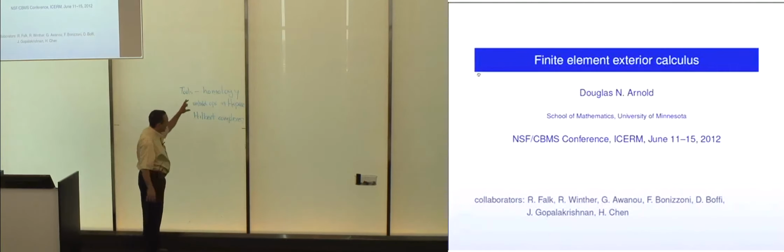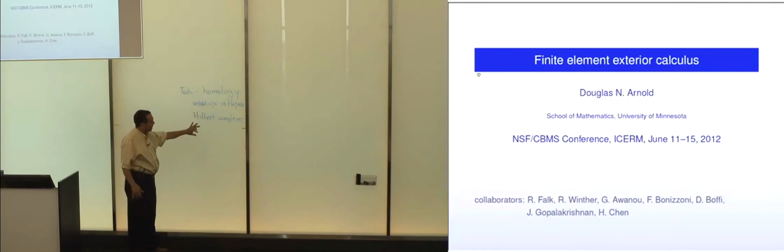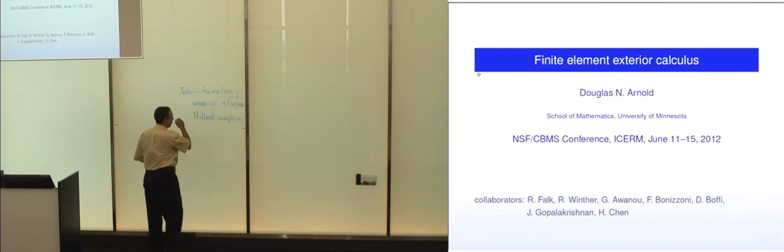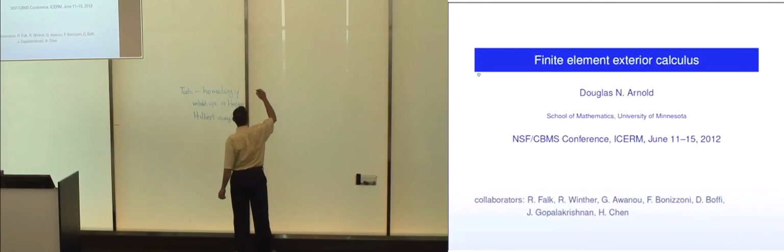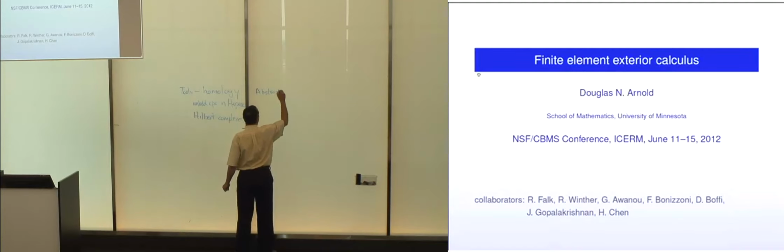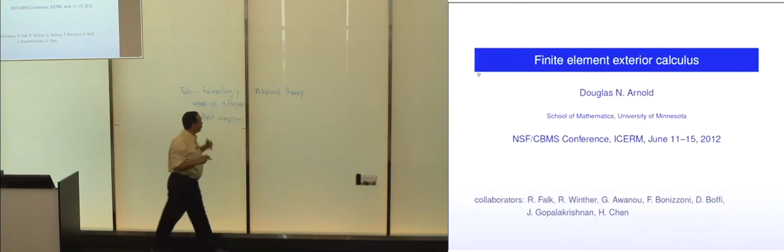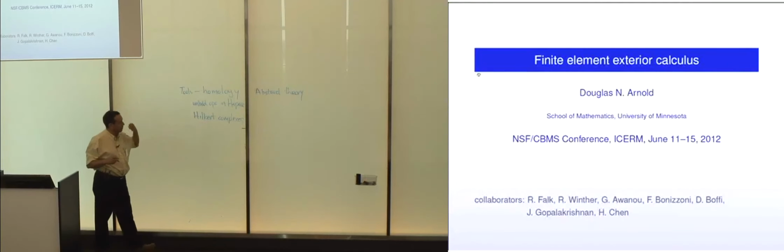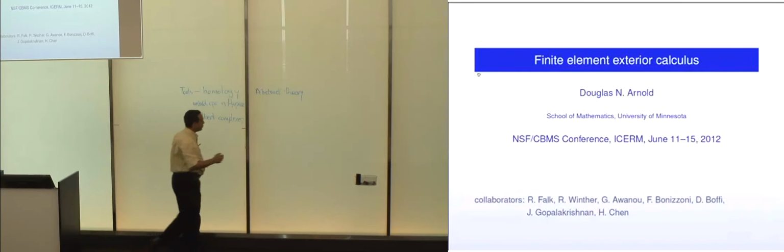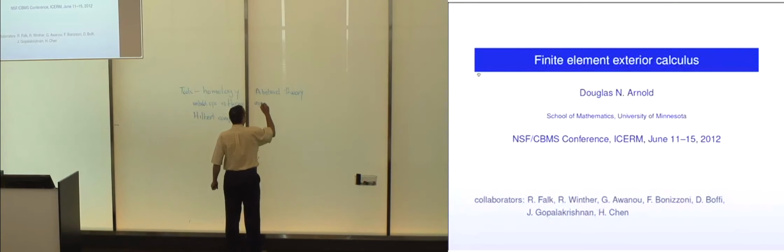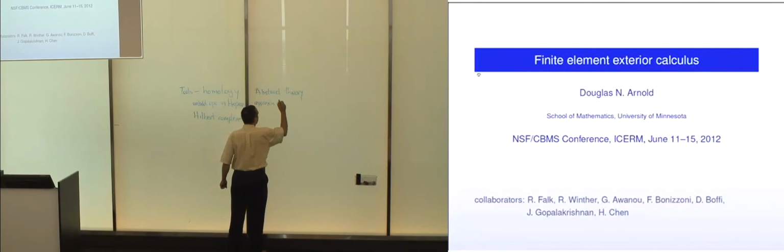But we'll introduce that, and when we have these tools, then we'll be able to basically go to the two main subjects, which are an abstract theory of equations related to Hilbert complexes and their discretization. So I'll just abbreviate that by saying approximation of Hilbert complexes.